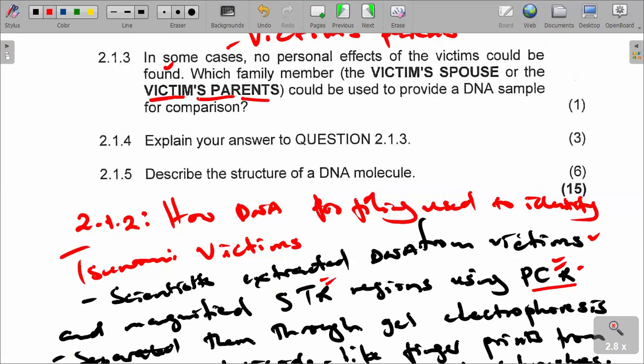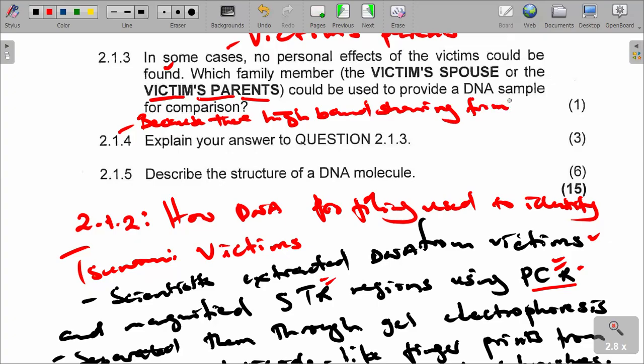The reason is that there is high band sharing from the parents than the spouse, because parents share their genome with their child. Parents share half.